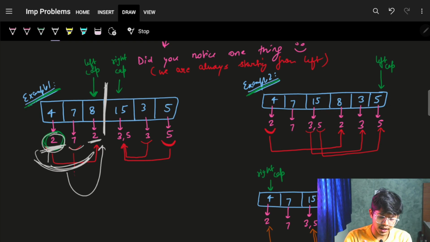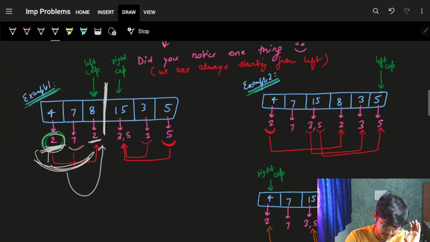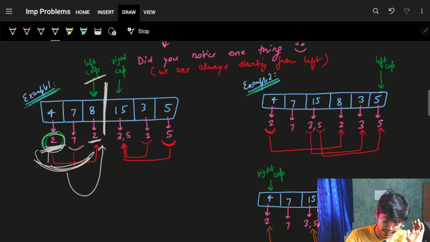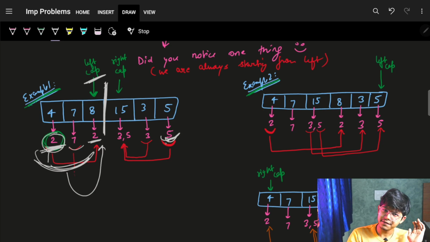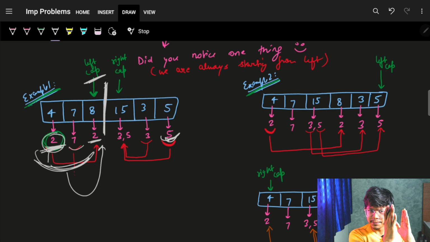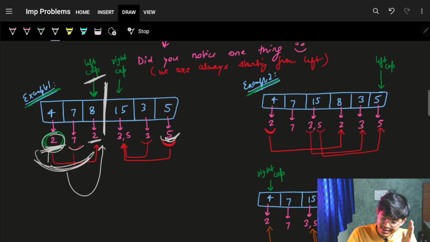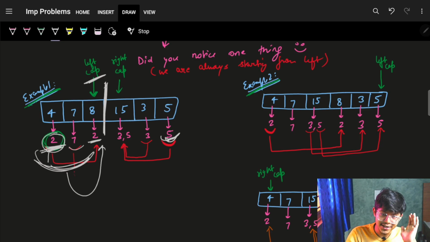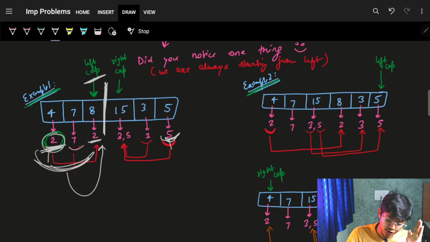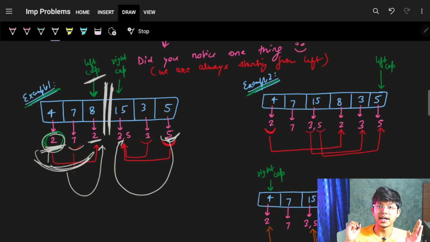So I find what's the location which has the final 2, and after that I place my bar. I place my bar here, which is the left cap. For this 5, I need to place my right bar at a location such that the 5 should not come after it, which means that I find the last location of 5 and place my bar after it. Last location of 5, here it is. I place my bar after it, which is my right cap.